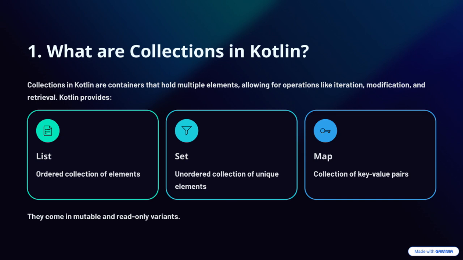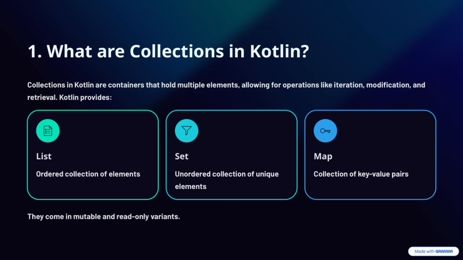Next, there's set. A set is an unordered collection of unique elements. You won't find duplicates in a set, which makes it perfect when you need to ensure all items are distinct without caring about their order. Then we have list. Lists are ordered collections of elements. Unlike sets, lists can contain duplicates and the order of items matters.